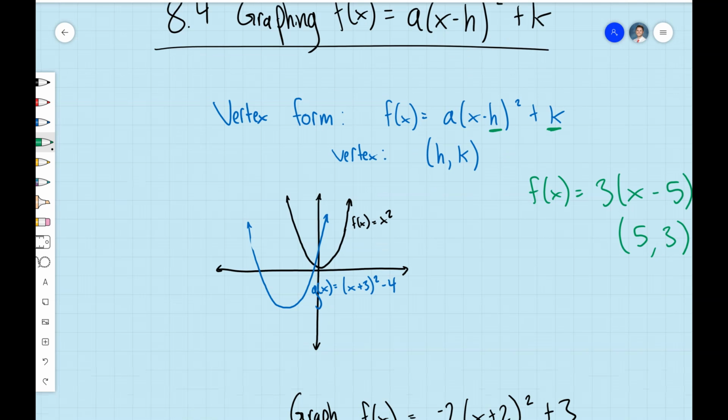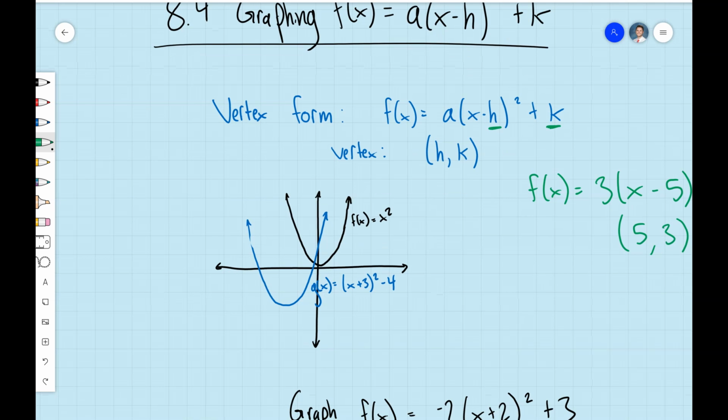I also want to show you what a translation of our parent function f of x equals x squared looks like from this format. In black here is a graph of f of x equals x squared. Remember, that is our parent quadratic function. And we can see that with this blue function, g of x equals x plus 3 squared minus 4, we have translated 3 units to the left, right?